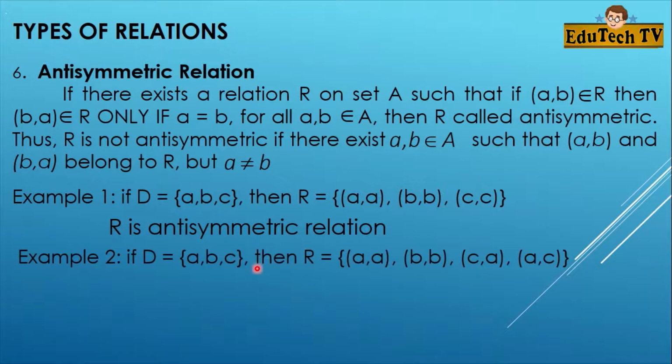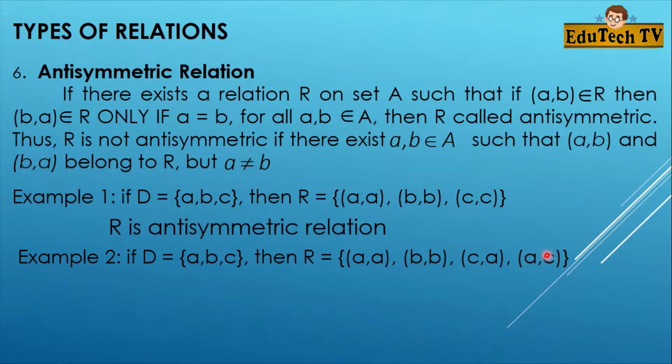Example number 2. If we have the relation AA, BB, CA, and AC on this given set, now let's test if this one is anti-symmetric relation. Now as you notice, AA, BB, pasok siya dun sa condition. Now let's test this ordered pair. CA, pag binaliktad natin, meron tayong AC. So good.